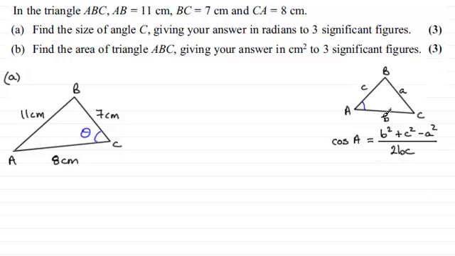So when we apply it to this question, the cosine of angle theta is going to equal the sum of the squares of the 2 sides that surround the angle, so that's 7 squared plus 8 squared, and then from this we subtract the opposite side squared, so that's 11 squared, and we divide all of this by twice the product of these 2 sides, so that's 7 times 8.